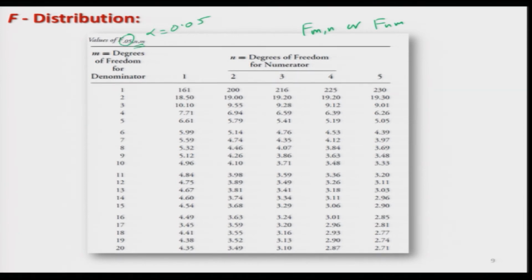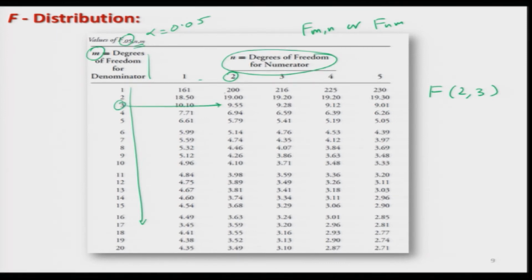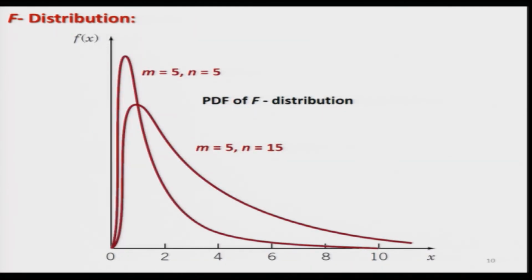You can see here that in this case they indicate by m the degrees of freedom for the denominator and n for the numerator. So, they are given here as 1, 2, 3, 4, 5, etc., and if I want to find the value of F for say 2 and 3, I have to look here at 2 and here at 3, and this value comes out to be 9.55. So, this is how we used to use the table, but anyway we are going to use only the R software now.